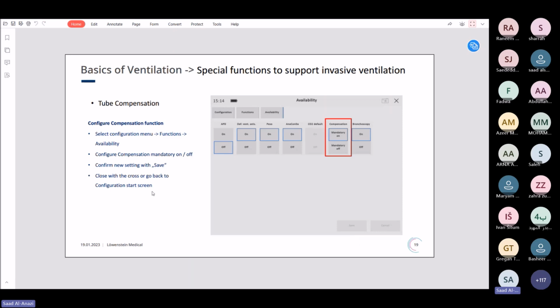After that, you will find what you changed in the main screen. This is for the tube compensation or other options, for example, the bronchoscopy option, you can make it on or off. It depends on the end user or the automatic patient detection.